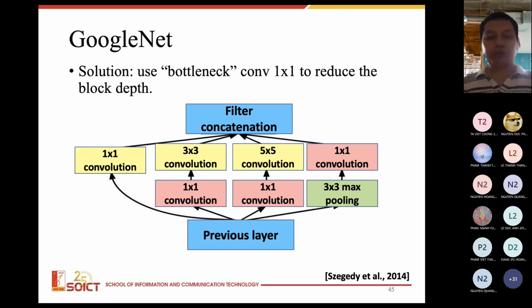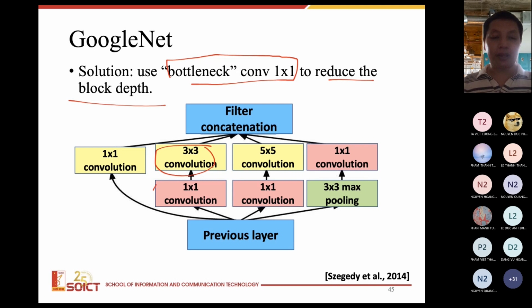GoogleNet proposed to use a bottleneck 1 by 1 convolution to reduce the computation. Before the 3 by 3 convolution, GoogleNet proposed to use a 1 by 1 convolution, and also a 1 by 1 convolution before the 5 by 5 convolution, and after the max pooling you have a 1 by 1 convolution.